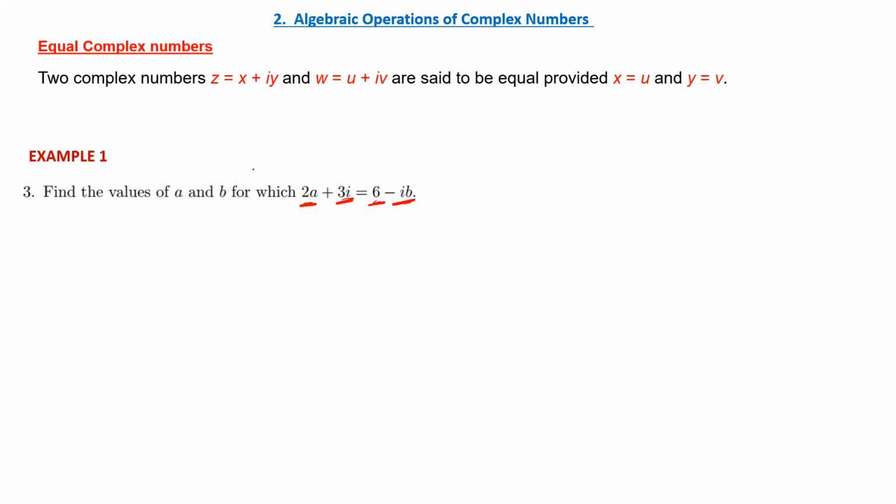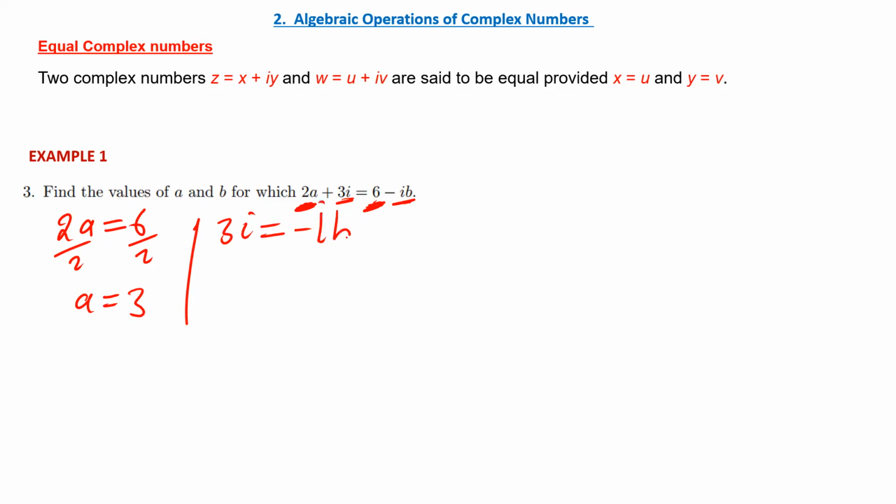Okay, so let us equate those. You have 2A being equal to the real part there, because the real part on the left is 2A and on the right we have 6. We can divide both sides by 2, so that we get A equal to 3. We do the same for the imaginary parts. So we have 3i being equal to negative iB.